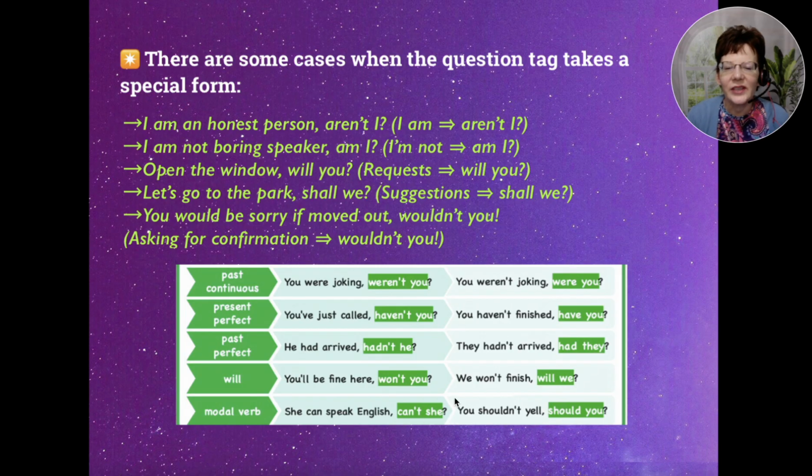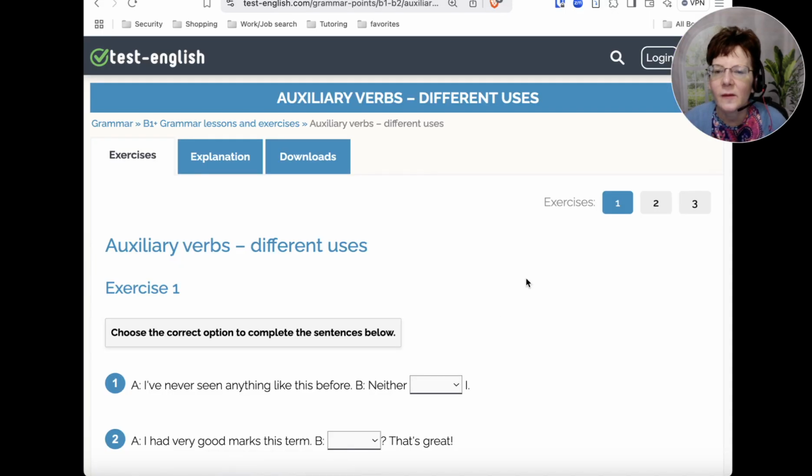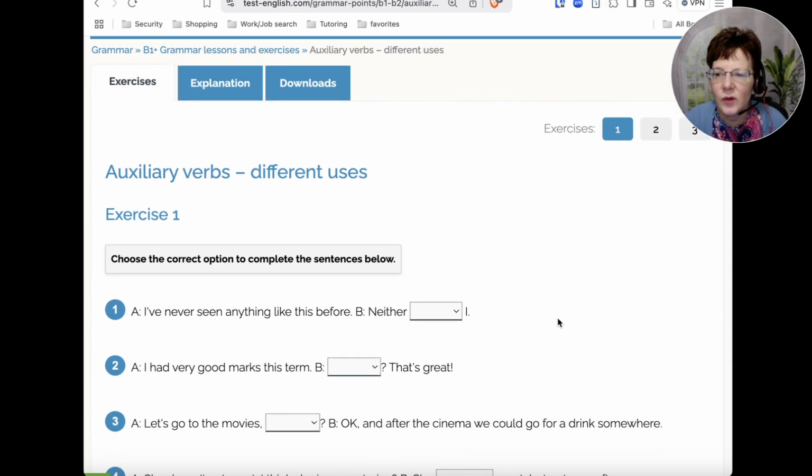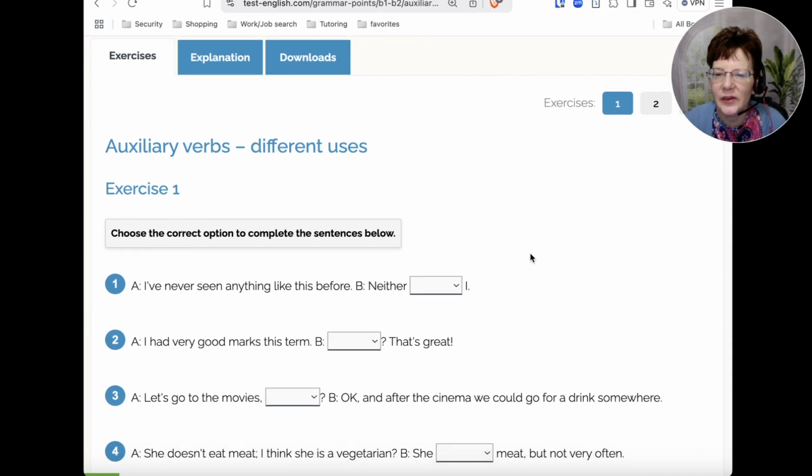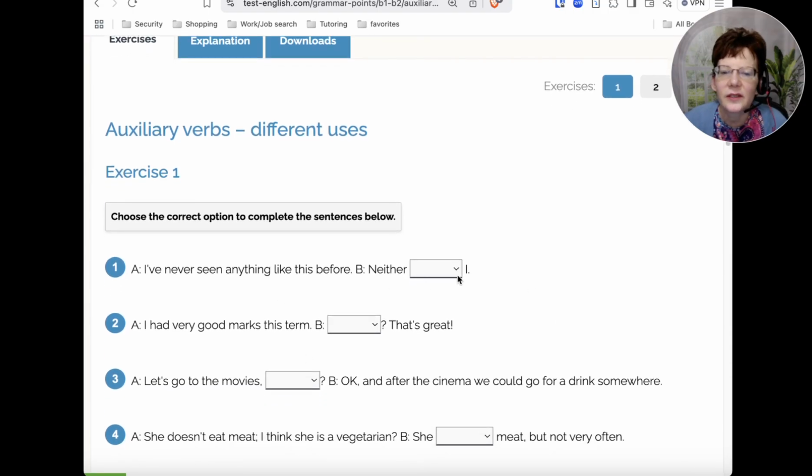Well, all right, we're going to go on to a few sample exercises and test our knowledge here. So, okay, for exercise 1, we'll take a look here. We're going to choose from these drop-down boxes here the right form.